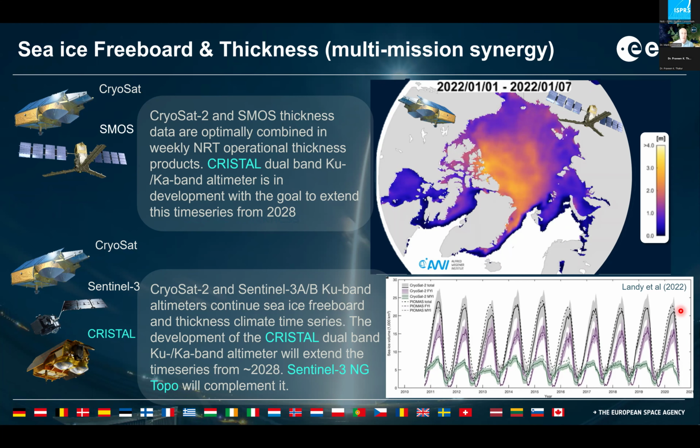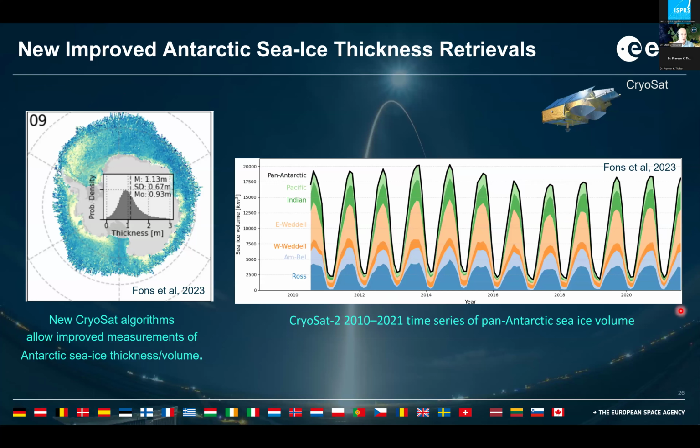We're currently in the process of improving the sea ice thickness retrievals so that we can extend to the Antarctic. This is the latest paper by Fons et al., which is showing how using improved thickness retrieval capability with Cryosat, we're able to derive now also thickness variability and volume interannual variability in Antarctica using the Cryosat record.